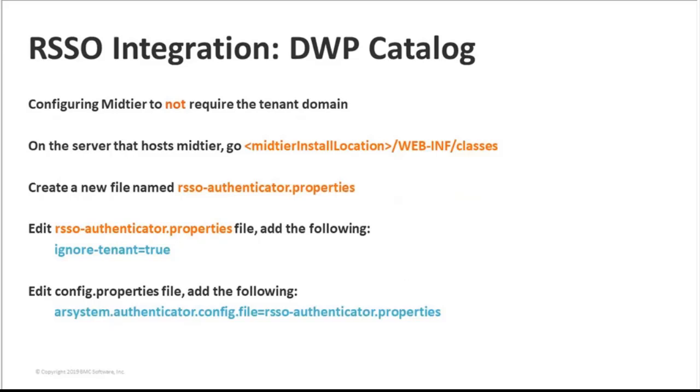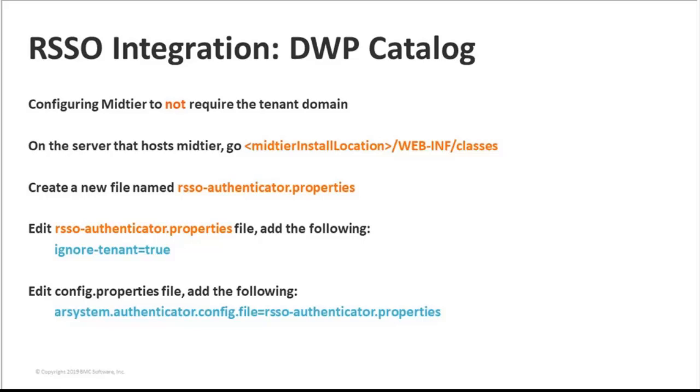Okay. In one of the slides of the service broker, we saw that a tenant name has to be configured with the service broker and the Remedy SSO, so that SSO knows that this is an authentication needed for service broker.